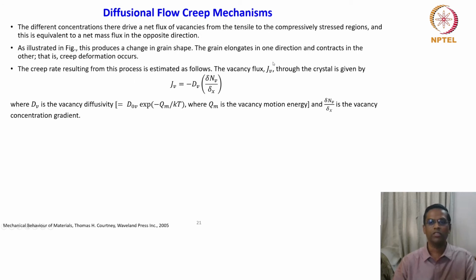The creep rate resulting from this process is estimated as follows. The vacancy flux J_V through the crystal is given by J_V equals minus D_V times ∂N_V/∂x. There is a typo here. This is not subscript x, this is ∂x. Here D_V is the vacancy diffusivity, which is equal to D_0V times exp(-Q_m/kT), where Q_m is the vacancy motion energy and ∂N_V/∂x is the vacancy concentration gradient.